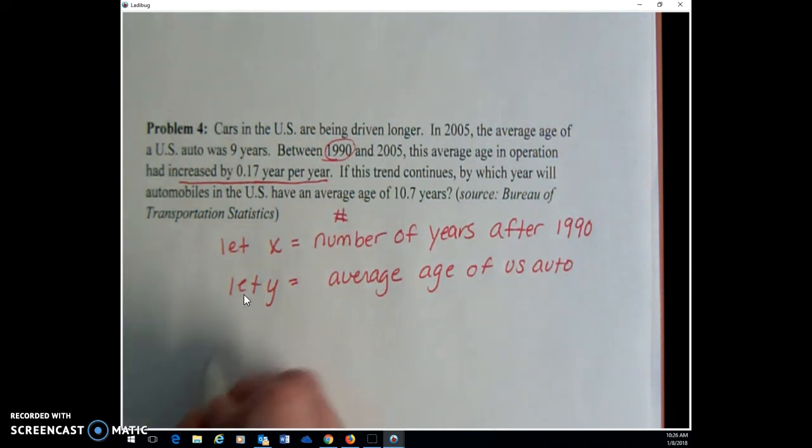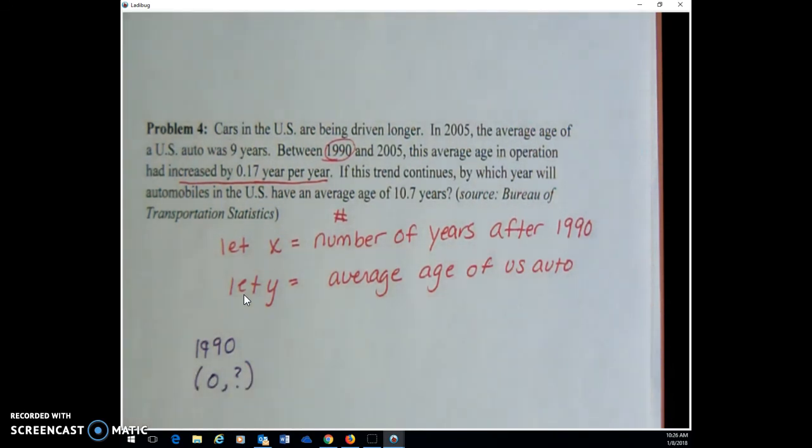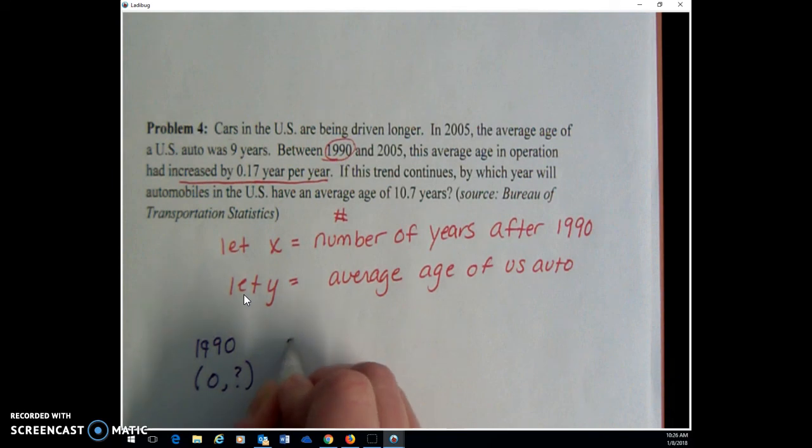So we can figure out 2 points from this. We can say in 1990, we can look at the point for that. So that would be 0, and I don't know, that's going to be my y-intercept. So it's not so easy because we don't have the y-intercept to start. But we have the 2005, and we have 9 years.